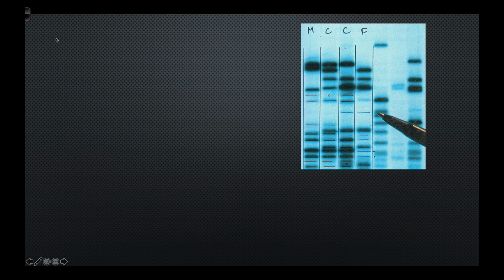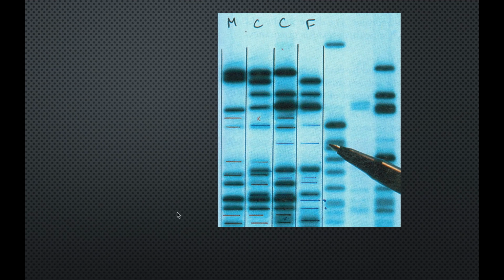That will conclude today's lesson on PCR and gel electrophoresis. Now, remember, PCR and gel electrophoresis are 2 parts of a bigger process called DNA fingerprinting. If you look over here at these samples that you can see on this gel, you can see that each individual here, this mother, this child, and this father, they all have their own unique DNA fingerprint.